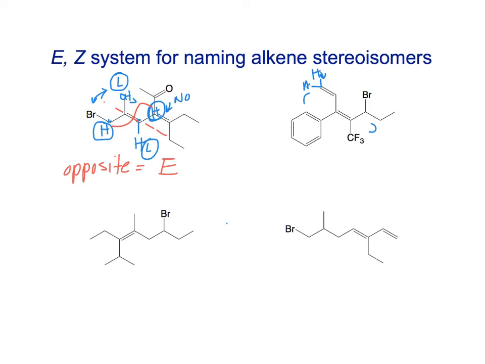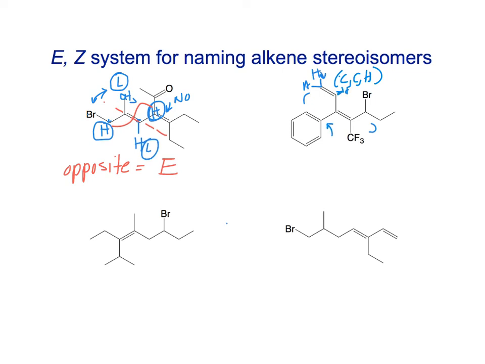So when we rank them, remember that if we have a carbon with a multiple bond, like this carbon with a double bond, we treat it as being bonded to two carbons. So if we do what we did before, this one would be attached to a carbon and a hydrogen, right? The hydrogen is right here.